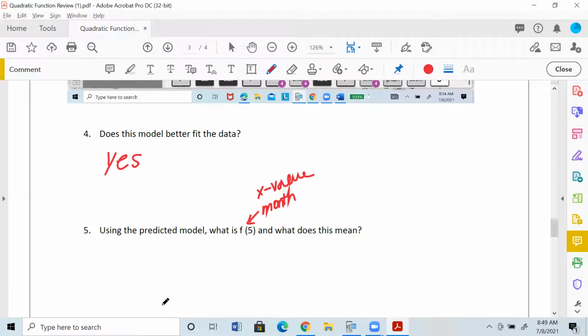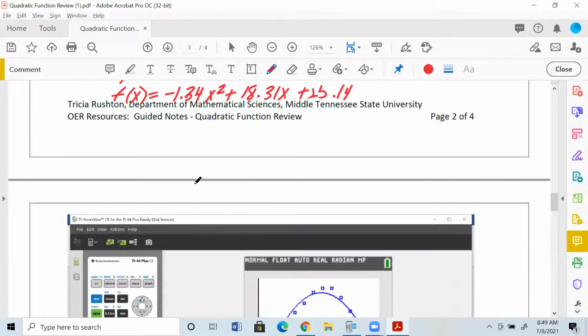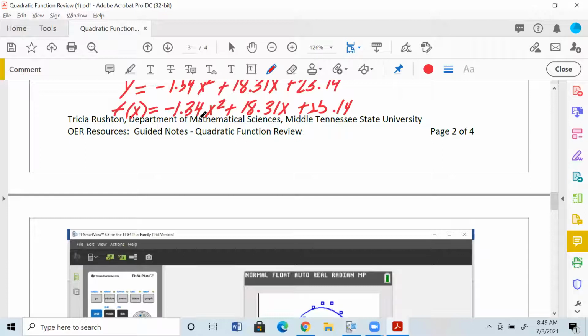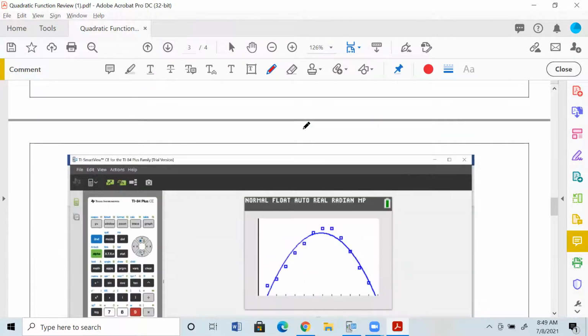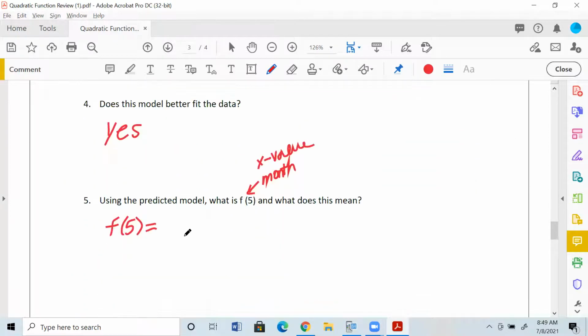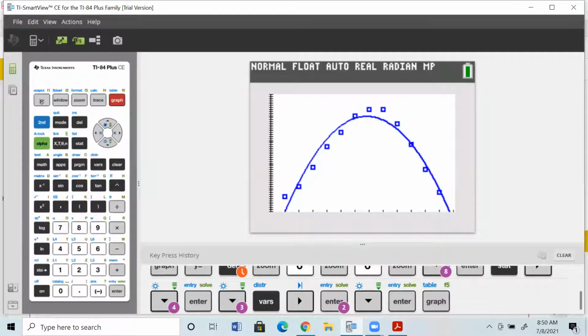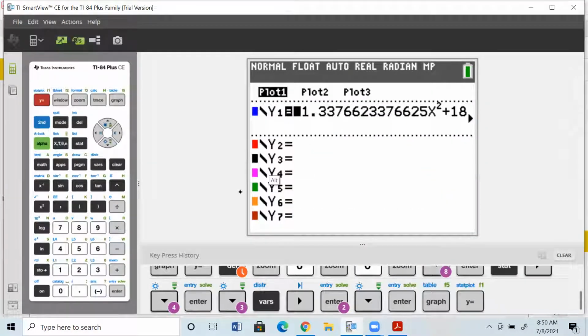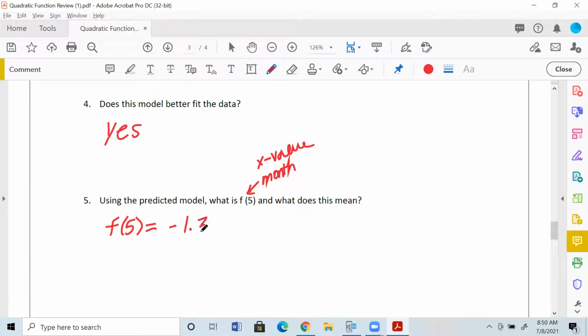If we did this by hand, we could go back to the function that we wrote above, negative 1.34x squared plus 18.31x plus 23.14. Maybe we want to copy it out of this window. Basically, we're just substituting a 5 in for each of our variables.